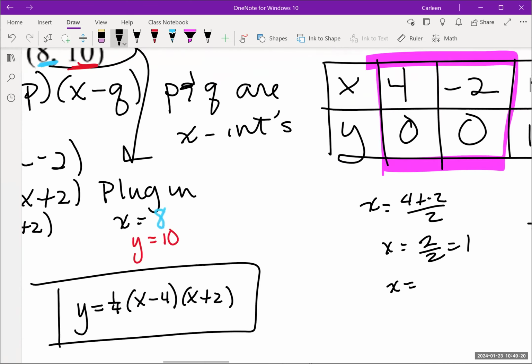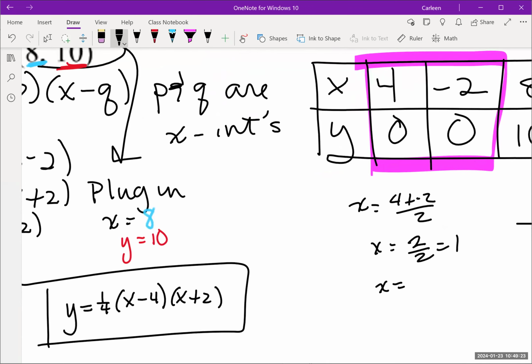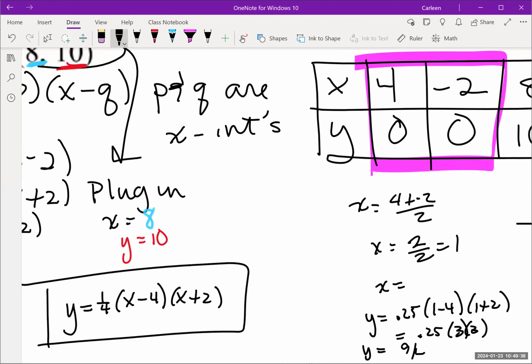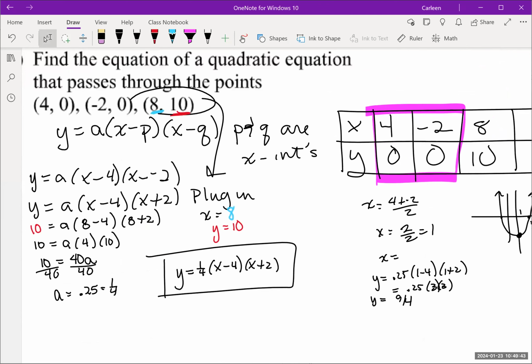And then I could plug that in. So y is equal to 0.25(1 minus 4)(1 plus 2), which is 0.25 times 3 times 3. So y is equal to 9/4. So if I wanted to find the vertex, it is x equals 1, y equals 9/4.